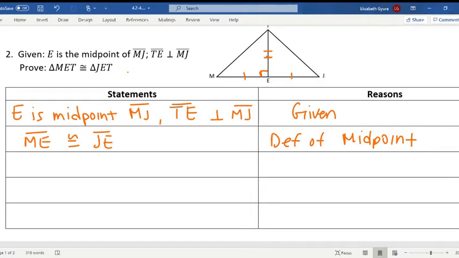So we're going to say that angle MET is congruent to angle JET because of perpendicular lines. There are a few different ways you can say this. I'm just going to write it as a statement.